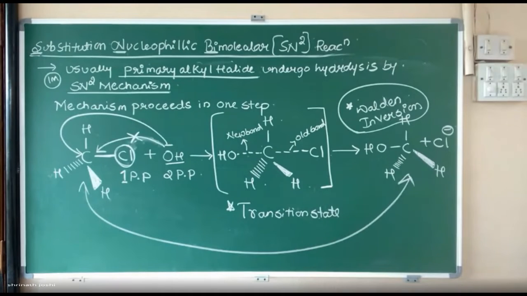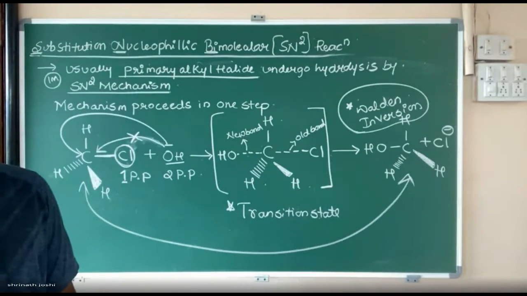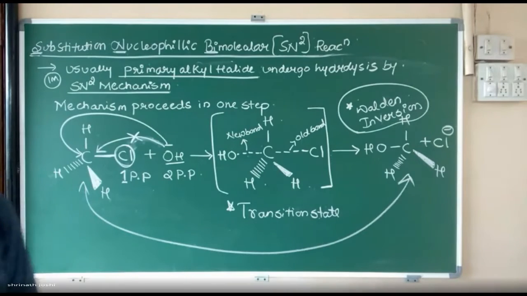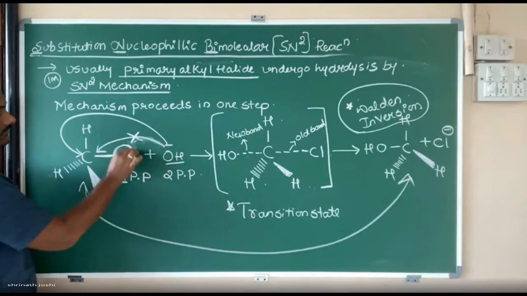Prashant, unmute and speak. Any problem? Yes, sir. That Cl is there on the right side only, then how come it is inverted, sir? See the Cl. Now tell me, Cl is there on which side here?